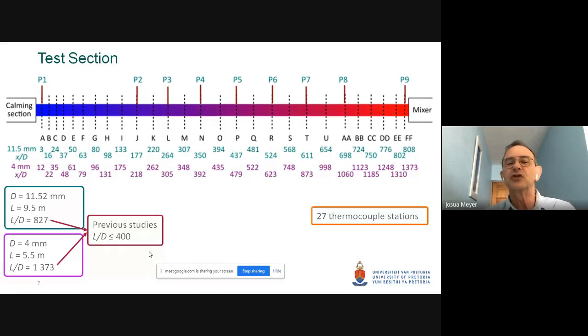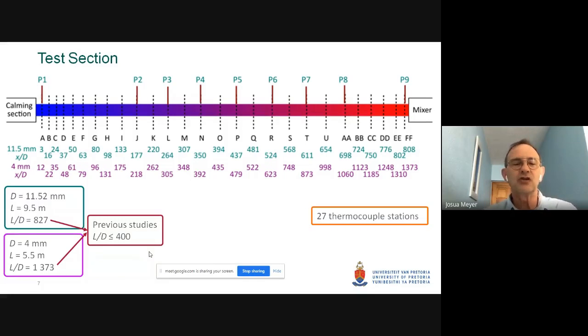The P1 to P9 shows all our pressure tap positions where we could measure the pressure drops. And at every one of these 27 thermocouple stations, we either had 3 or 4 thermocouples at the 0, 90, 180 and 270 degree positions in the radial direction.